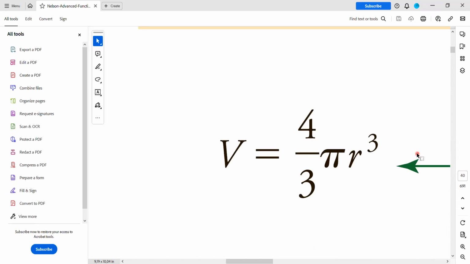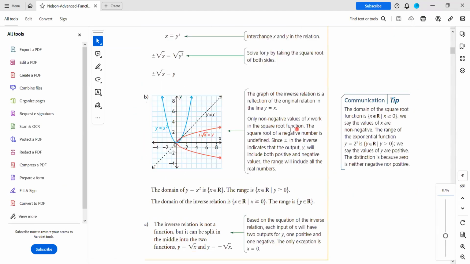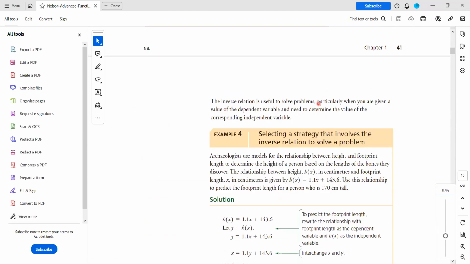This container should be 3,000 cubic meters. How would you identify what radius this sphere should have? Through the inverse relationship, because the inverse relationship is useful to solve problems when you are given a value of the dependent variable and need to determine the value of the corresponding independent variable.